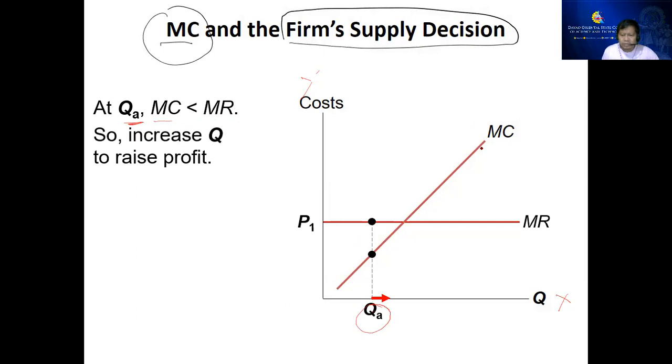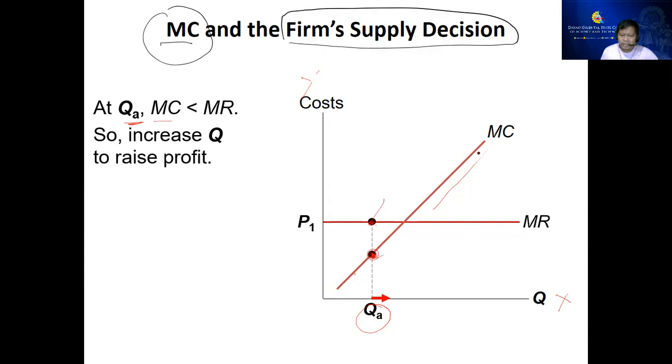This line is the marginal cost, and at this point, the value of marginal cost is less than the marginal revenue. That means if you are the supplier, the company producing a commodity, you are still earning a profit, because your sales or marginal revenue is higher than your marginal cost.